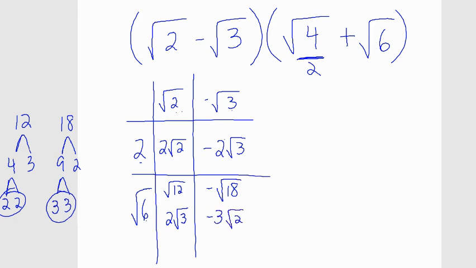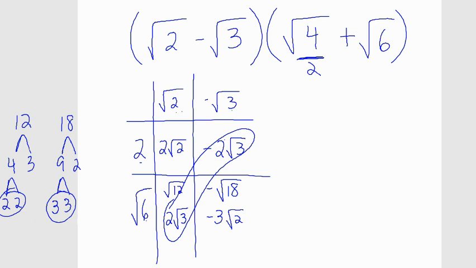Now, we can go ahead and do our adding of diagonals. So this is nice because these end up being like terms. When you're multiplying binomials like this with radicals, it won't always work out this way. You could end up having 4 distinct terms with no like terms, in which case you'd have a 4-term answer.